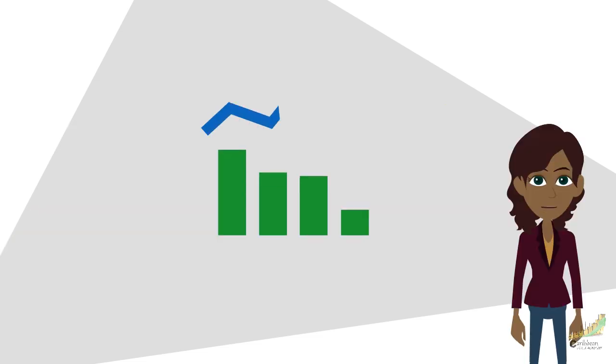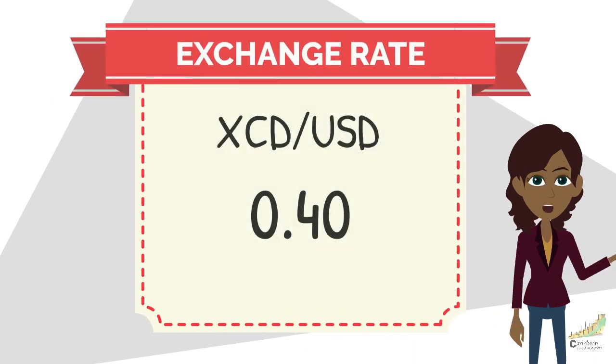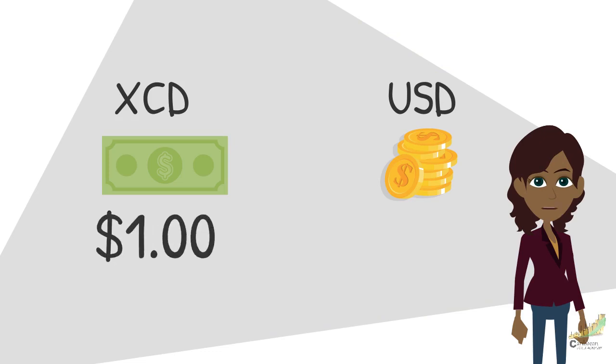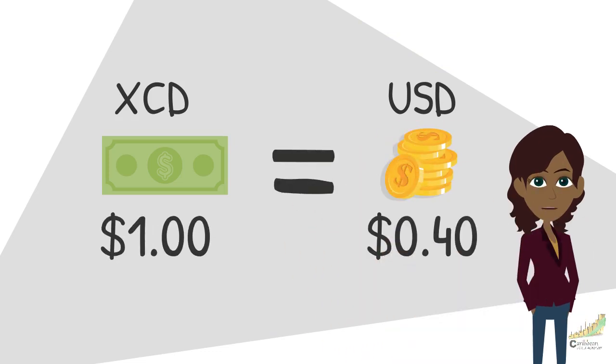This exchange is the transaction of buying. Let's say the bank's exchange rate of Eastern Caribbean dollar to the United States dollar is 0.40. That means for every 1 Eastern Caribbean dollar, you will get 0.40 United States dollar.